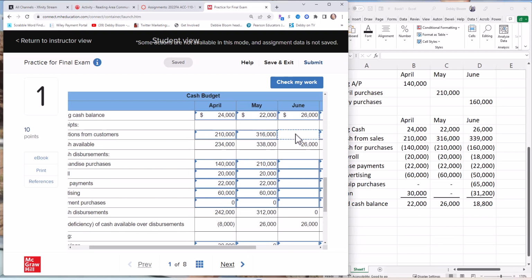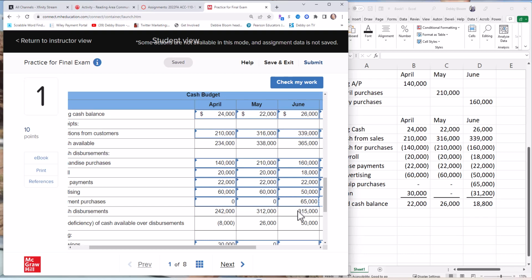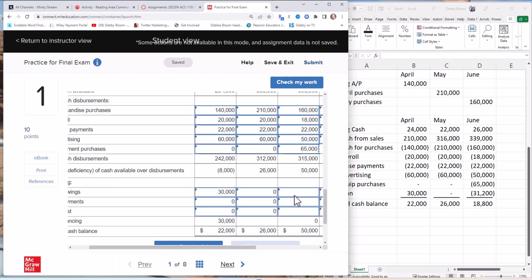Cash receipts, $339,000 from customers. Merchandise purchases, $160,000. Payroll down to $18,000. Lease payments, $22,000. Advertising, $50,000. And then we budgeted for that month $65,000 in equipment purchases. Now we move down to financing.